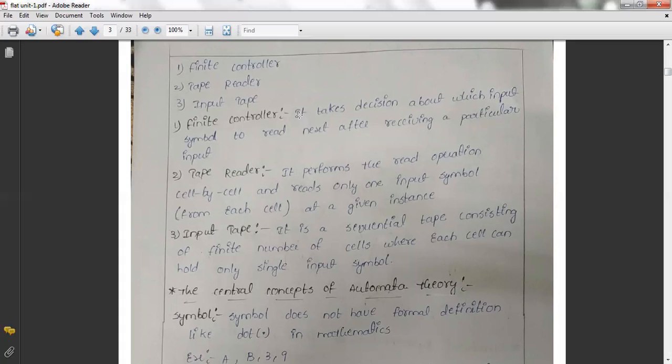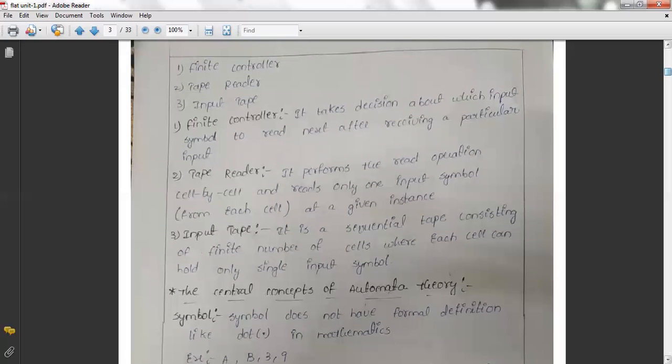It always performs the read operation, one by one, and reads only one input symbol at a given instance. Whereas the input tape is a sequential tape, which consists of a finite number of cells, where each cell can hold only a single input symbol. So that will be a simple introduction to the finite automata.